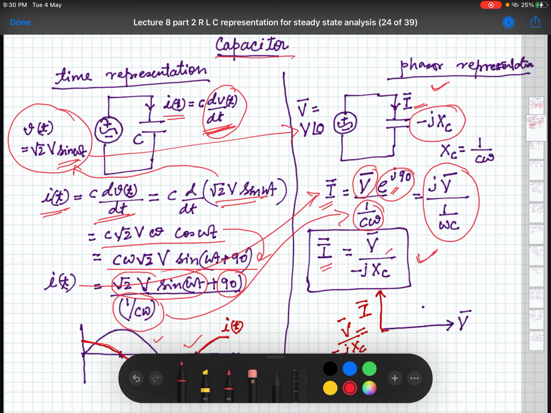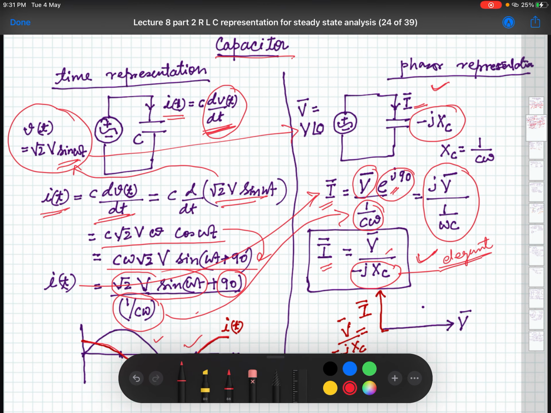This is a very important representation in a way that it is exactly the same representation which we have for a simple steady state DC circuit, I is equal to V by R, except for the fact that here R is imaginary, but nevertheless representation wise it is exactly like I is equal to V by R. So this is very elegant, not only representation wise but also calculation wise.